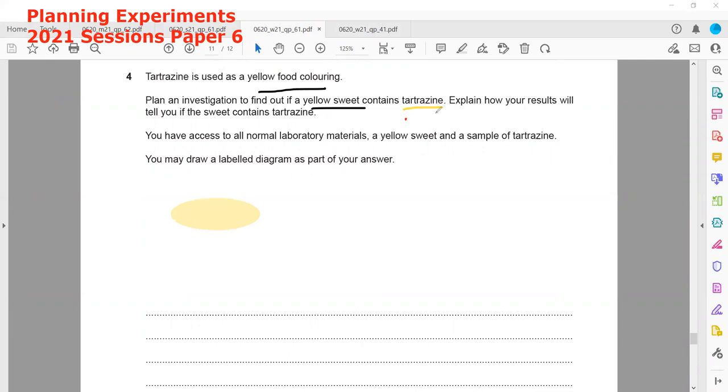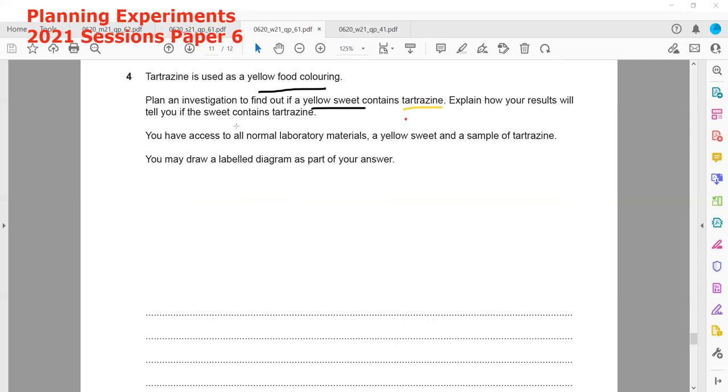In chromatography we cannot use a solid, we have to make a solution. Your result should explain how it will tell you if the sweet contains tartrazine, and you have access to all lab apparatus, a yellow sweet and a sample of tartrazine.